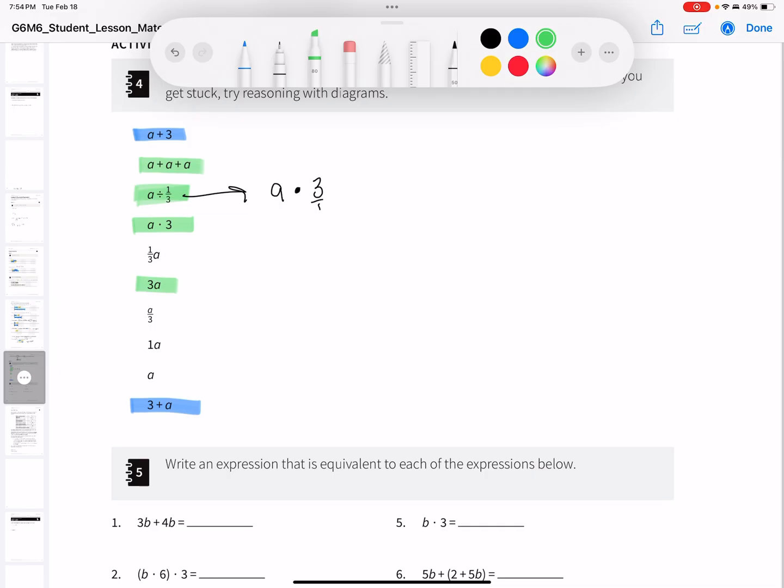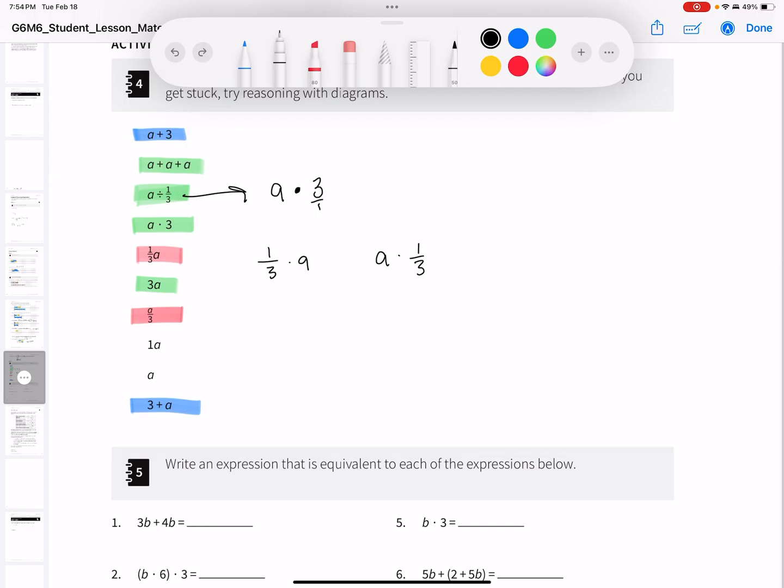Okay? Now we have 1/3 times a. And 1/3 times a is the same as doing a divided by 3, because 1/3 times a, we could do a times 1/3, and we would change, flip.